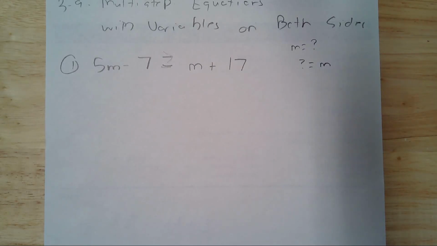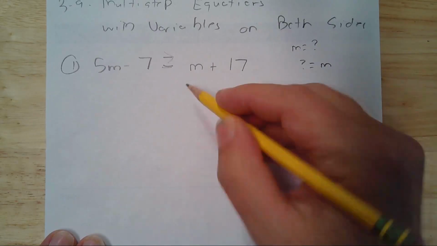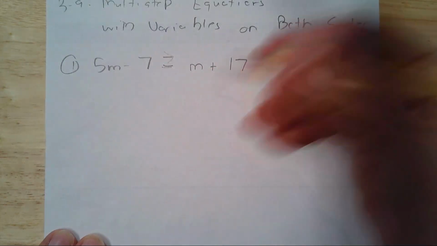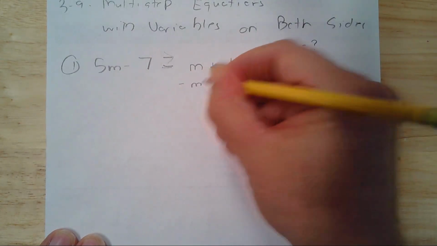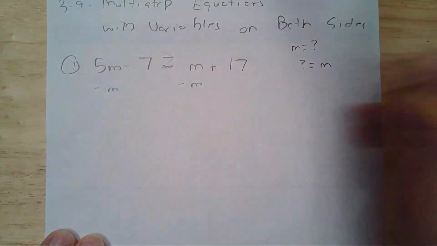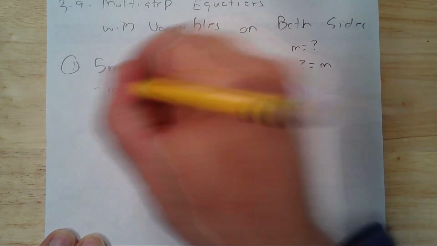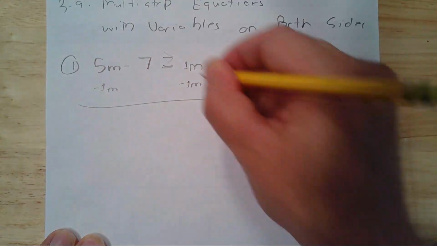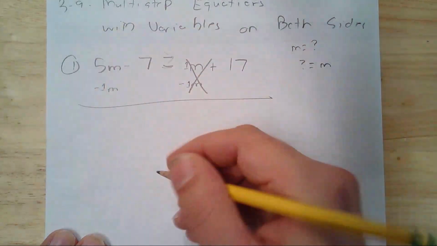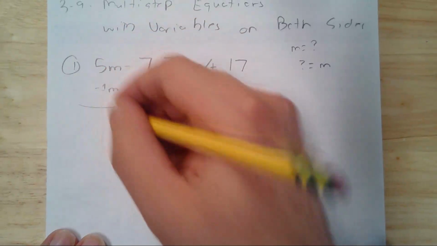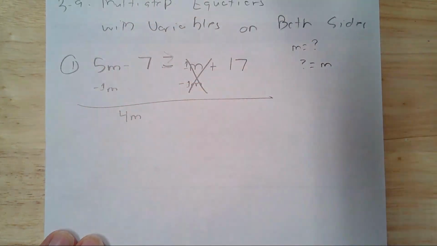I want to get the variable on one side or the other, which means I can do one of two things. I can either subtract m from both sides, and that's what I'm going to do here. And of course, m is actually 1m. You guys know that. And on the left-hand side, 5m minus 1m leaves me with 4m, because I subtracted an m from both sides.